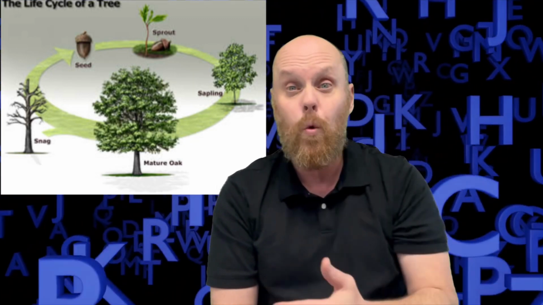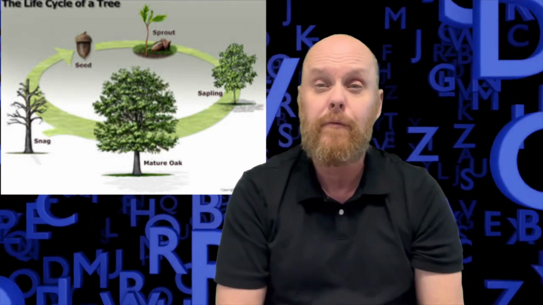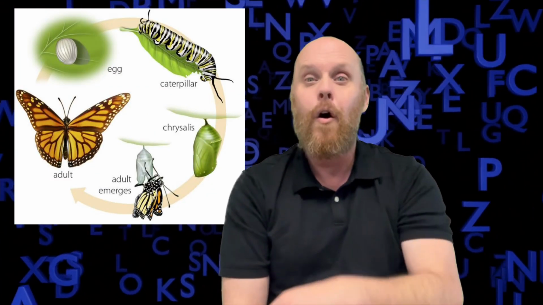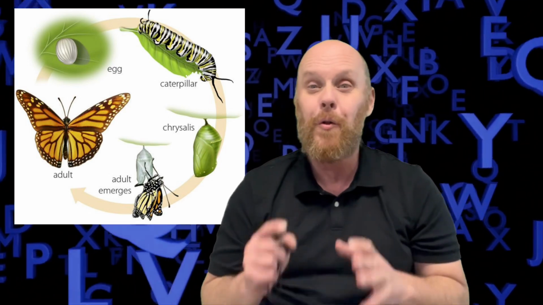Now, the other stories we're going to read are: which came first, the chicken or the egg, the life cycle of frogs, and the life cycle of butterflies. Now, all of these words are all connected. They all deal with life cycles and how these cycles continue and produce, well, trees, butterflies, frogs, and, well, which came first, the chicken or the egg?